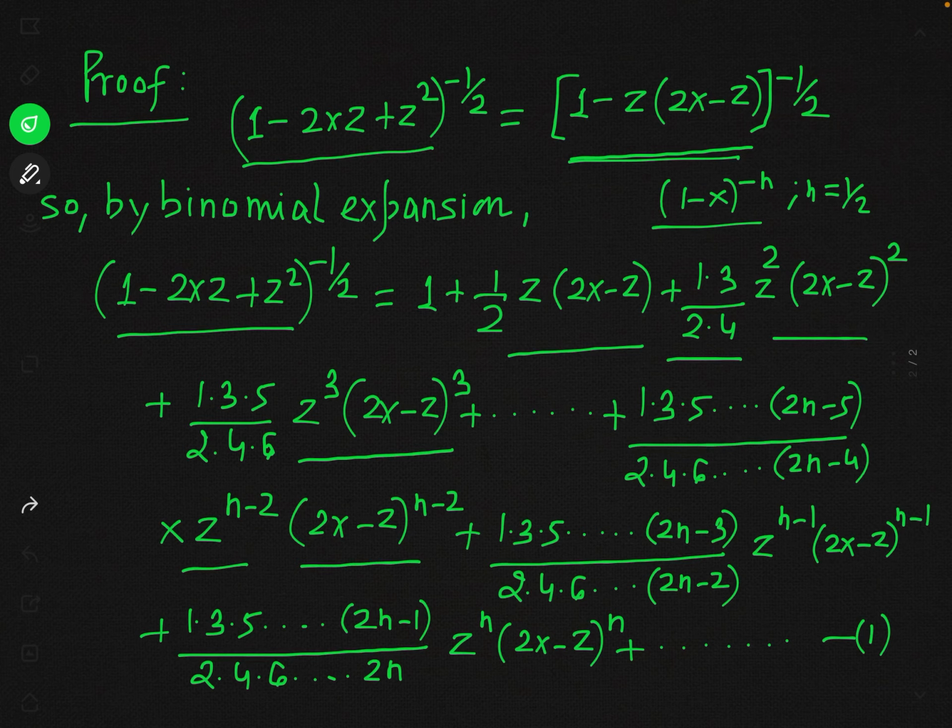Now our task is to find the coefficient of z to the power n in different terms. First of all we will find the coefficient of z to the power n in this nth term.